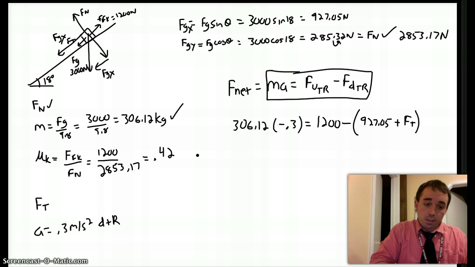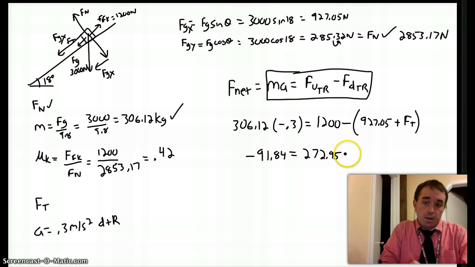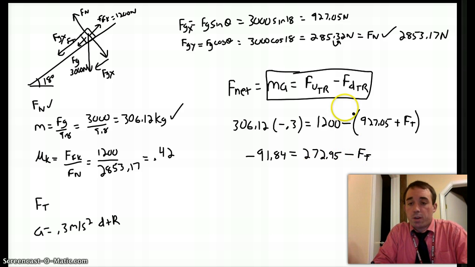So 306.12 times 0.3 is negative 91.84 equals, I'm going to do 1200 minus 927.05, which is 272.95, a positive number. This minus carries through, minus the force of tension. I'm trying to solve for what the force of tension is.